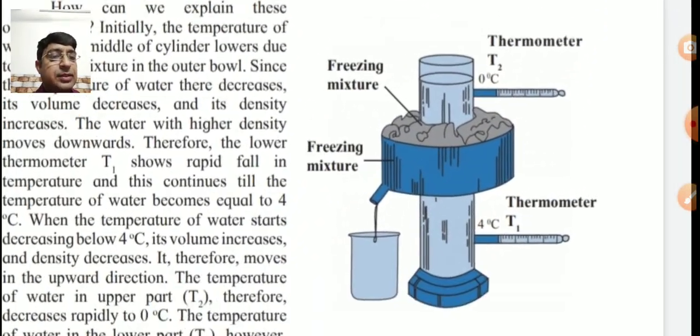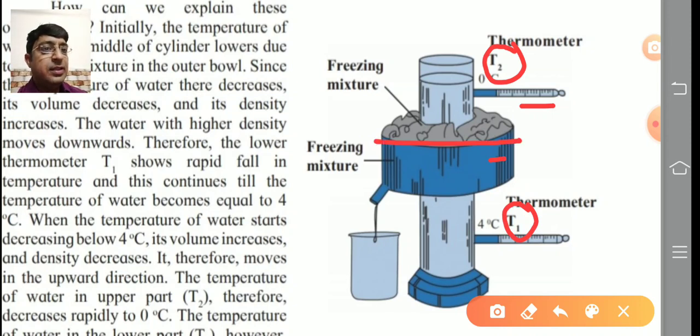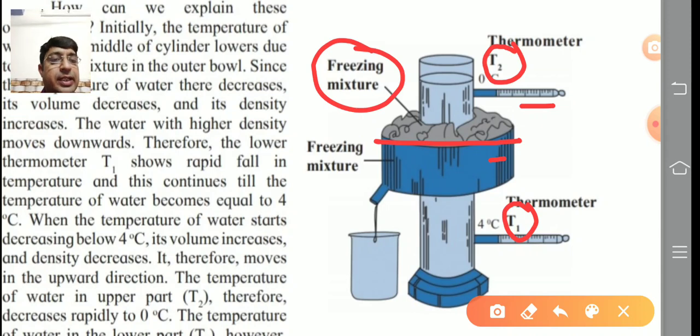The upper thermometer measures the temperature T2 degrees Celsius. The lower thermometer measures the temperature T1 degrees Celsius. In this flat bowl is the freezing mixture of salt and ice, and here one outlet is mentioned.